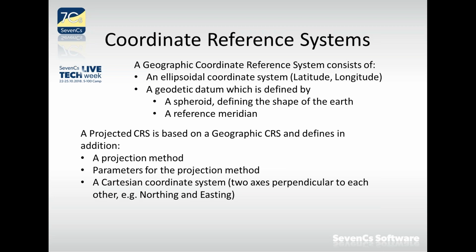So now we know what coordinates we have in our standard. We have coordinates on the surface of the spheroid, or we have coordinates in the plane, which refer to some coordinates on the spheroid.